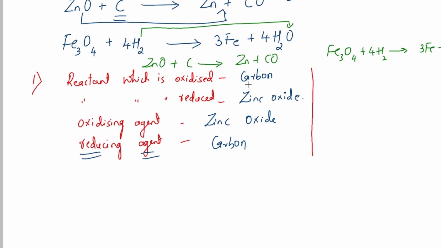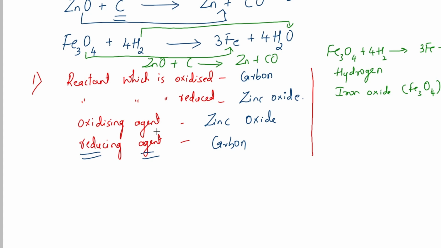So, the reactant which is oxidized is hydrogen. Reactant which is reduced: you can see here iron oxide is reduced to iron because it has lost oxygen. So, the one which is reduced is iron oxide, that is Fe3O4.